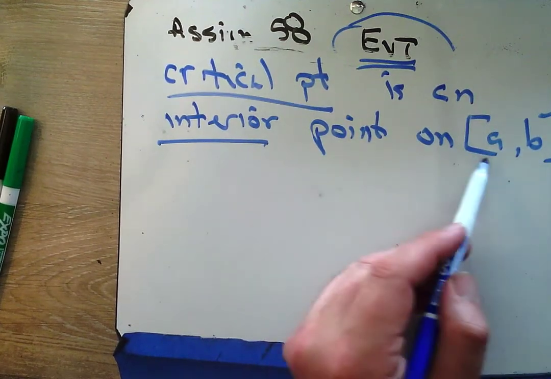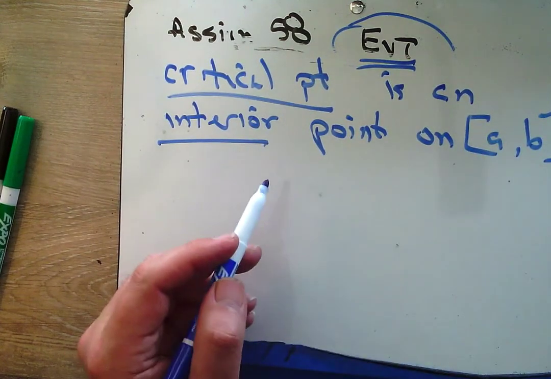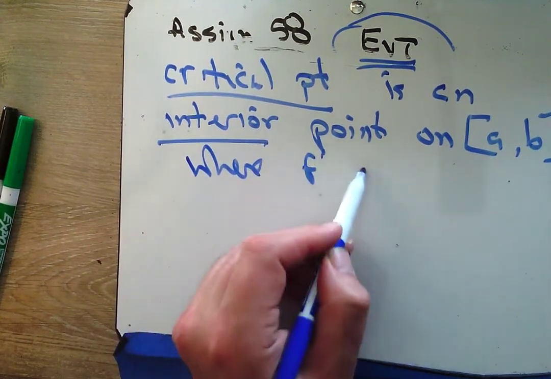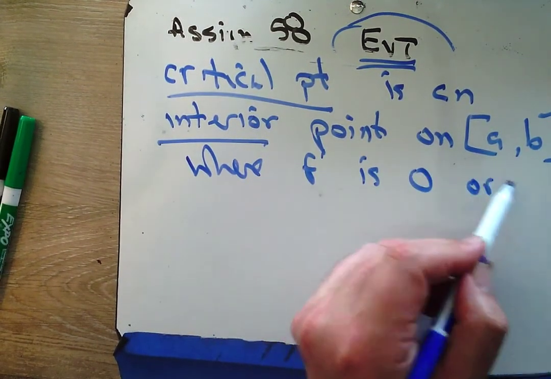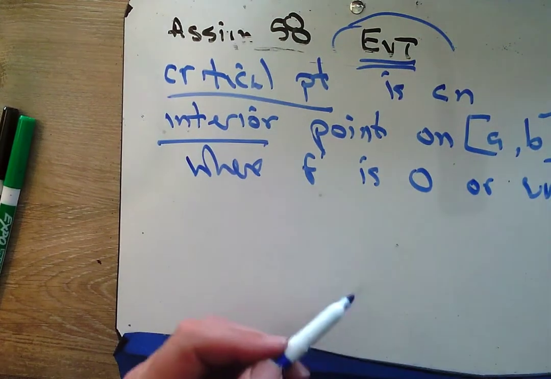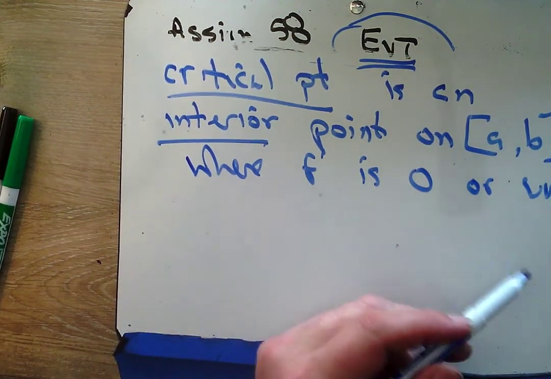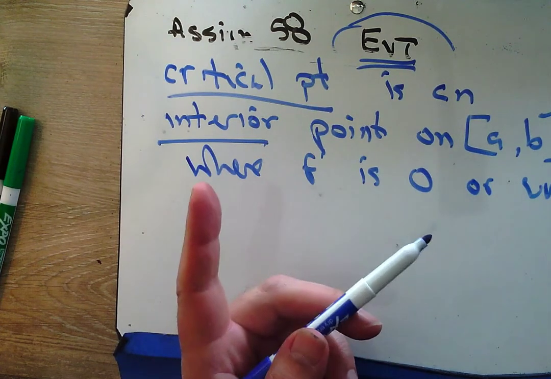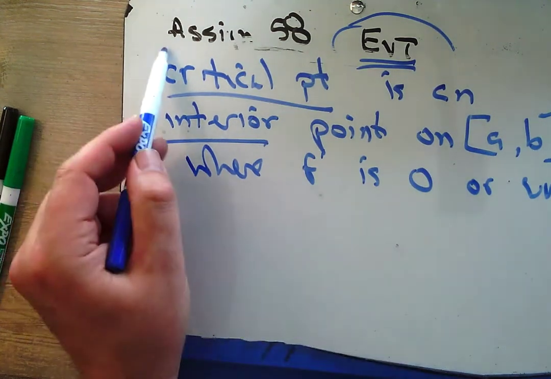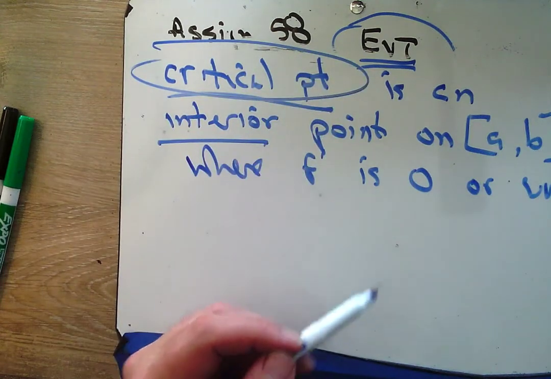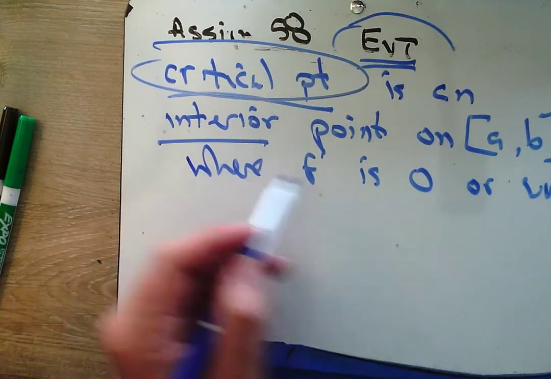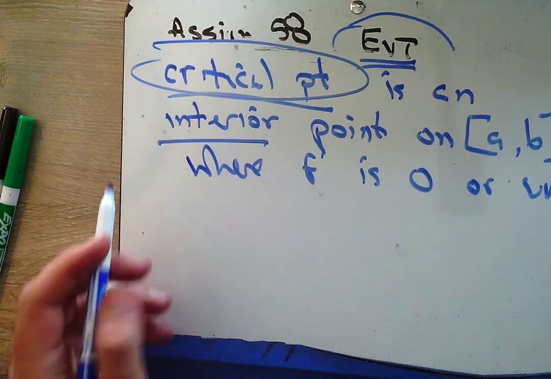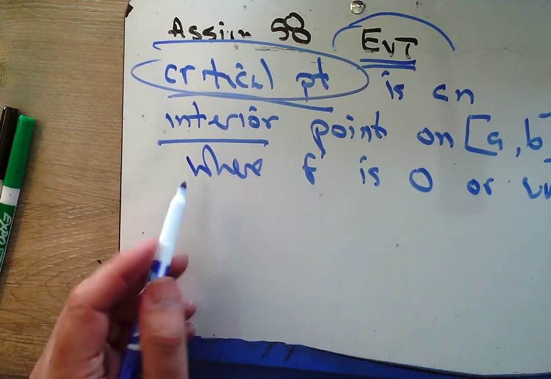So it can't be A or B, but any point in between A and B, where f prime is 0 or undefined. And you can see we're getting ready to try and figure out where mins and maxes can occur by talking about critical points. Critical points are places where f prime is 0 or undefined. We're going to use the words critical point a lot the rest of this year.